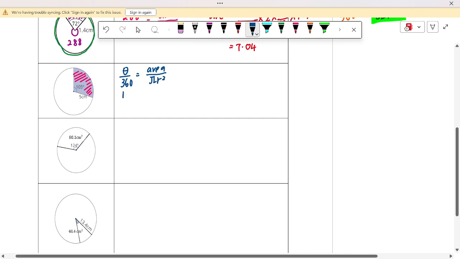So let's substitute: 105 over 360 is equivalent to area over 22 over 7 times 5 squared. So as usual, this whole thing you can bring up. So your area of sector will be 105 over 360 times 22 over 7 times 5 squared. So you will get your answer.